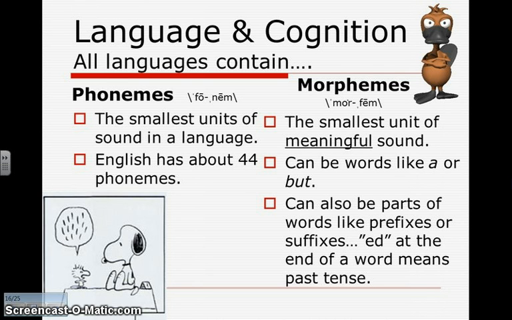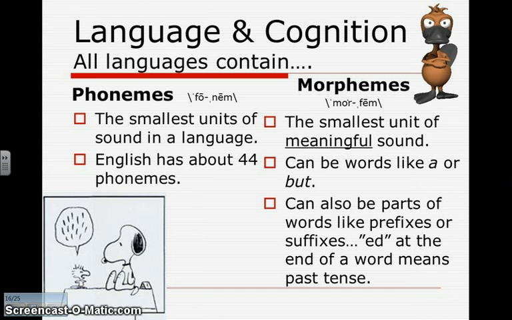Of course, psychology loves to break things down, and so all languages around the world contain basic parts. For example, phonemes. Phonemes are the smallest units of sound in a language. English has about 44 phonemes, but it's the smallest amount of sound.